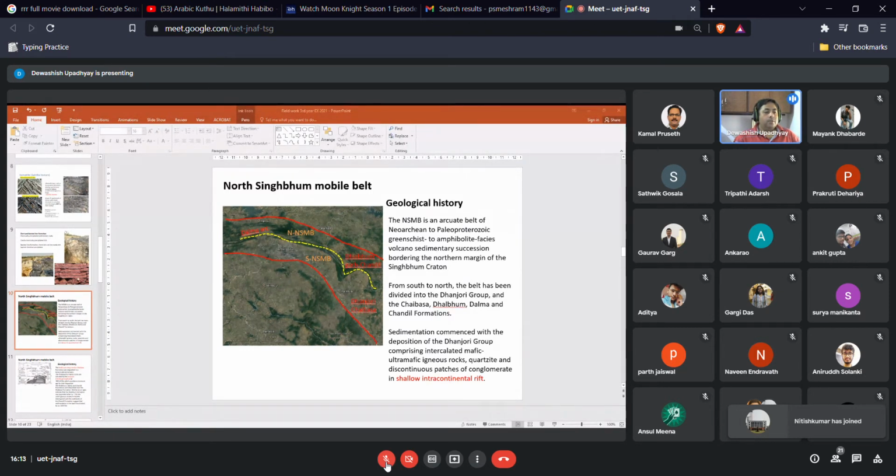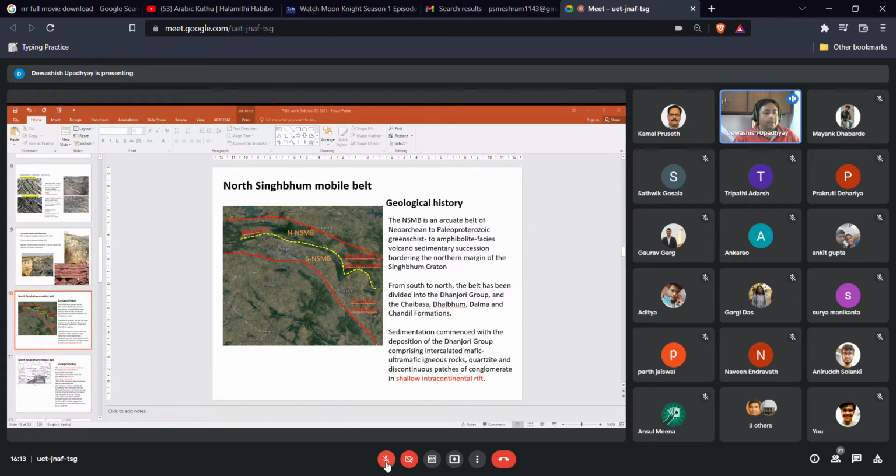Shear zones are zones where rocks have undergone very high finite strain. So these are zones along which there's lots of strain, and this strain is in response to the deformation and the compression that happens when these terrains collide and amalgamate together with each other.